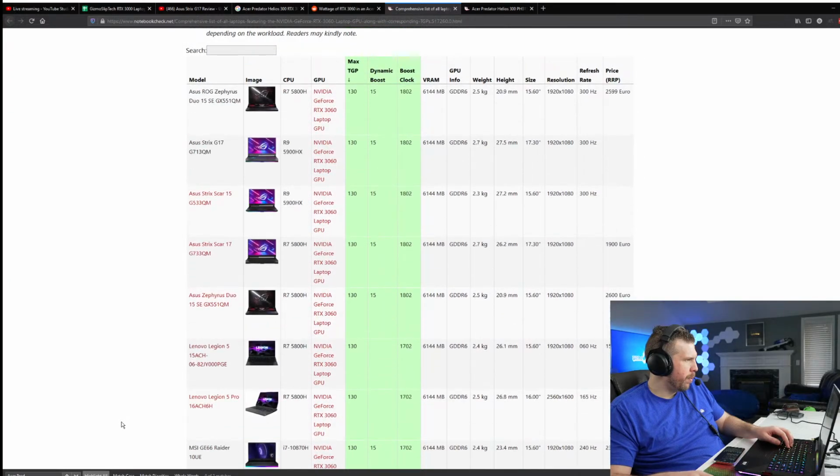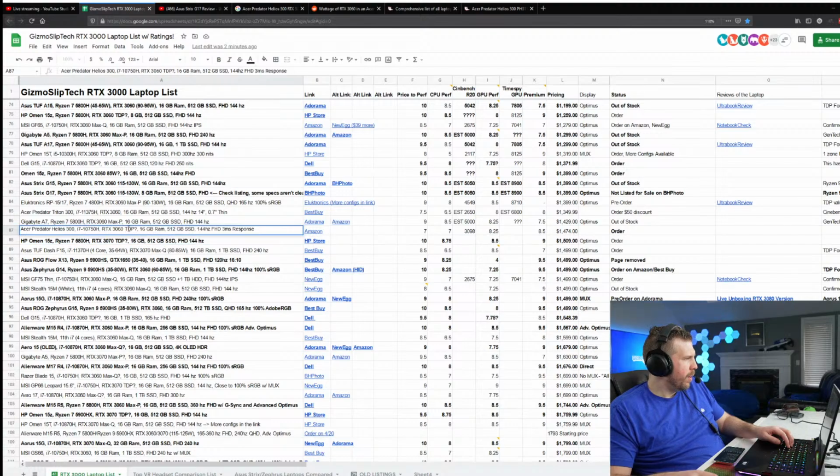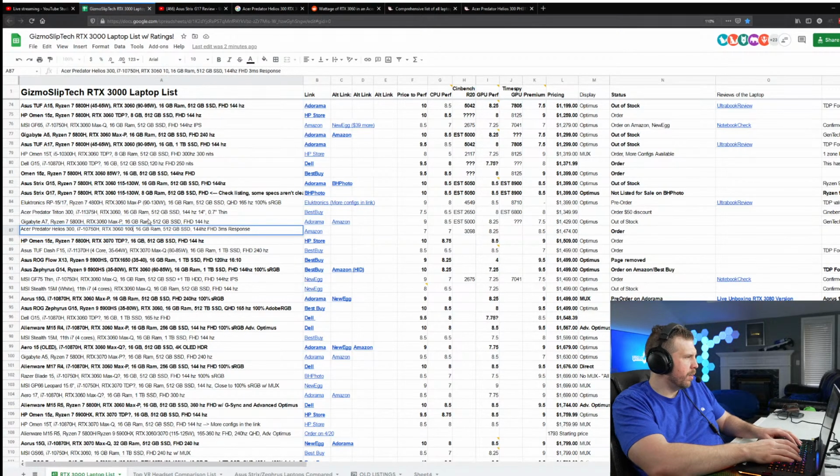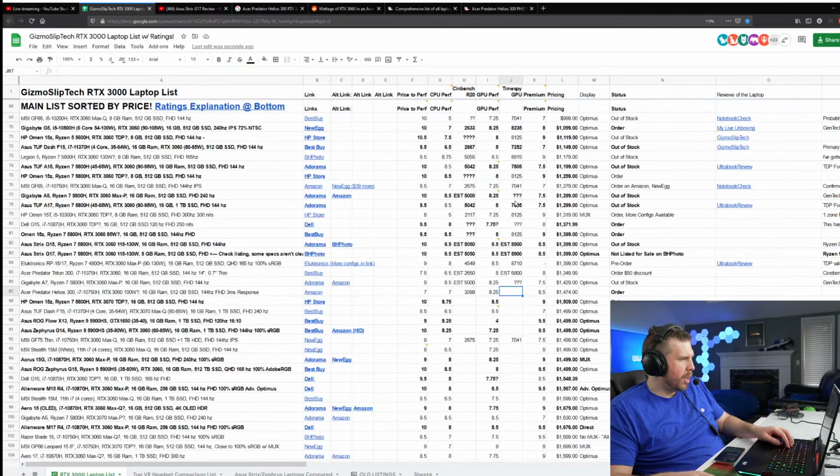Go up. Okay, there it is. This says 100 watts. That's good to know. We just put 100 watts question mark, and so a 100 watt 3060 is getting around 8,200 estimated.